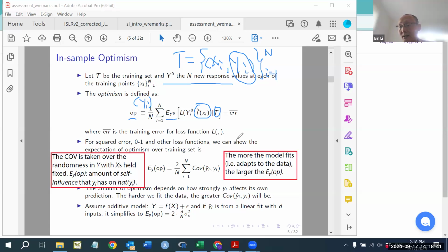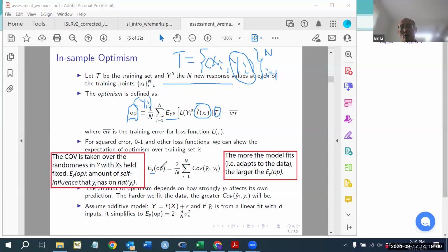Remember, we have a training set, so these yi's in the training set can also change. That's why the optimism is also a random variable. And here, the expected value is not over y0, but over y. The y are the y's in the training set.